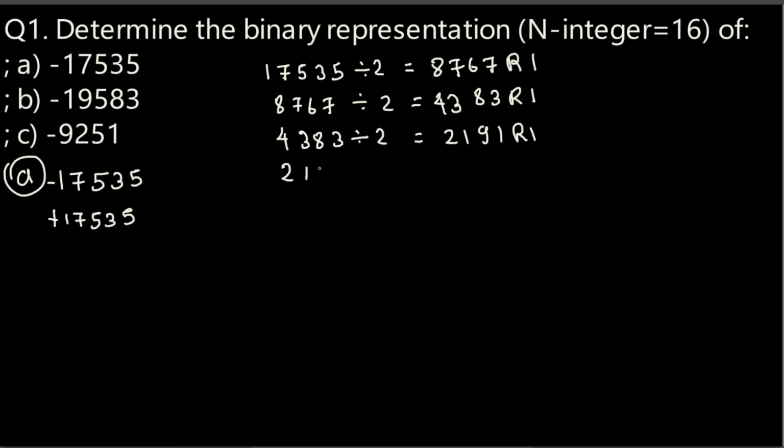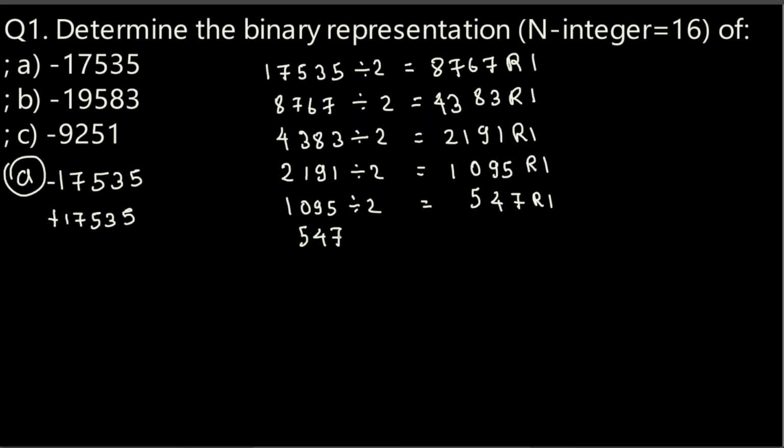Then 2,191 divided by 2 gives us 1,095, and the remainder is 1. Then 1,095 divided by 2 gives us 547, and the remainder is 1.